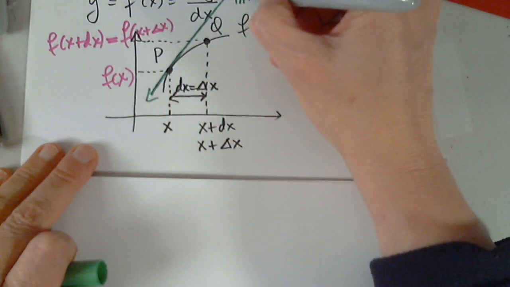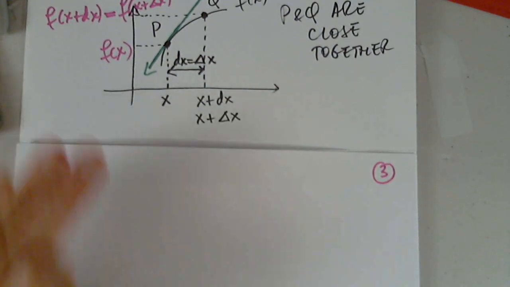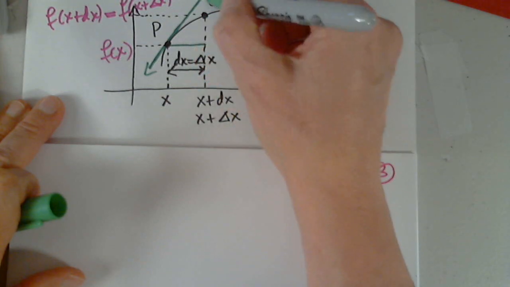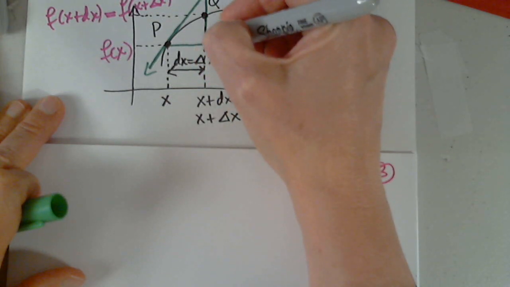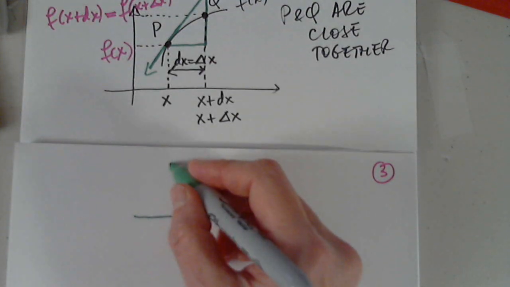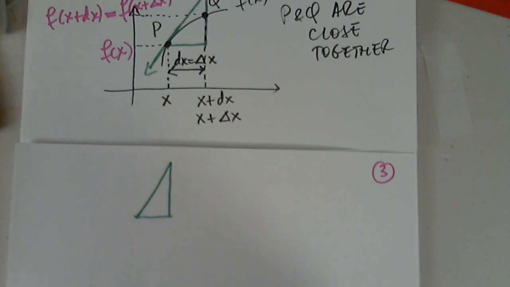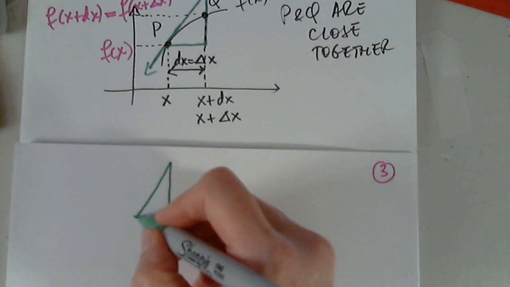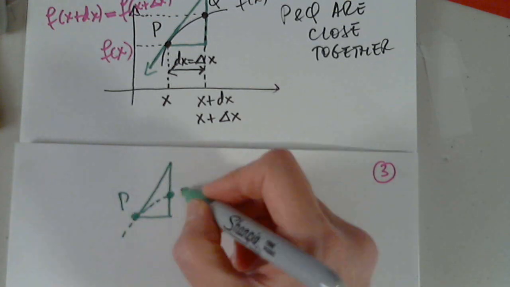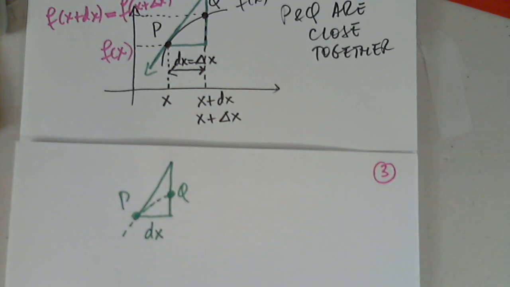This is the tangent at P. I'm going to form a right triangle, and I'm going to take it out of there so I can put it on the next page, so I can explain what this means. I'll come back to write a few things there too. So here's Q. Here's P. And here is dx.